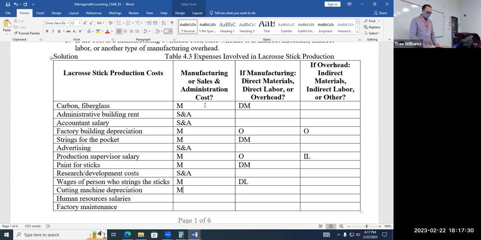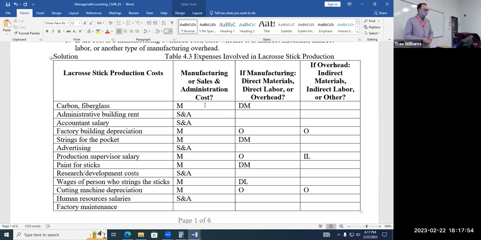Direct materials, direct labor, or overhead? Overhead, yes. And that would be other, right? Because it's not a material and it's not labor. Human resources salaries? Yes, that is an administrative cost.